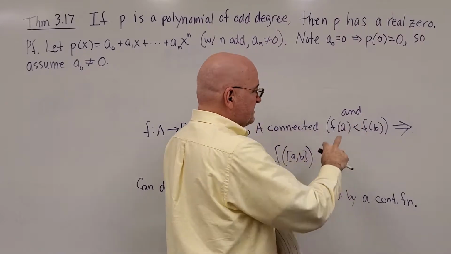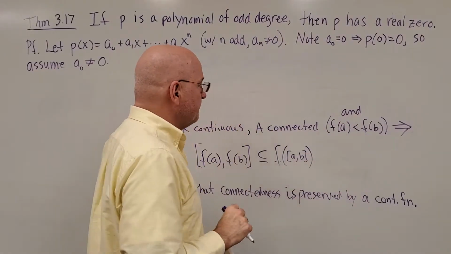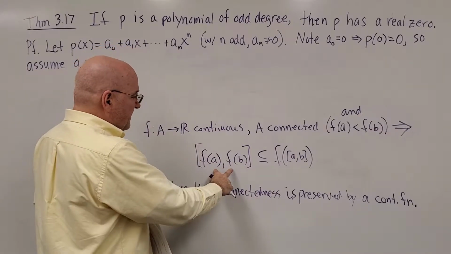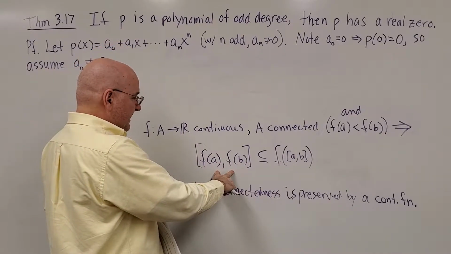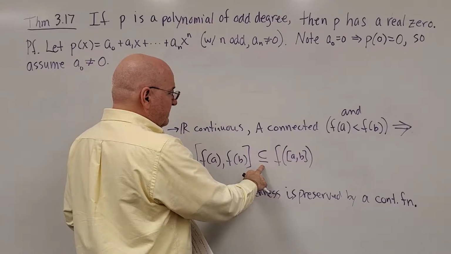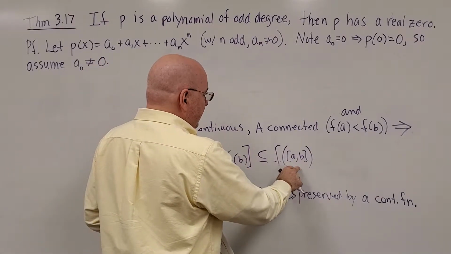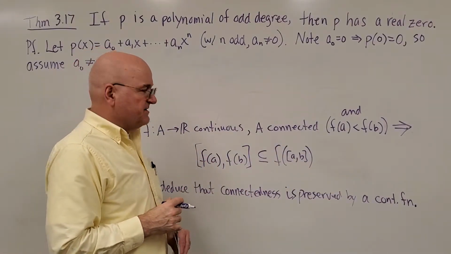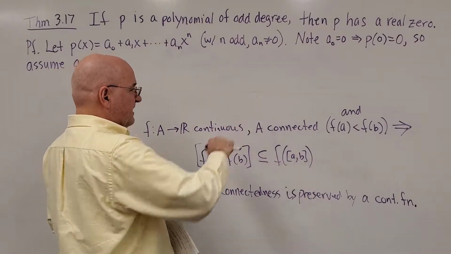We could make a similar statement if it were the other way around. If that's true, then the interval from f of a to f of b is completely contained in f of the interval a to b. Not necessarily equal, although we saw an example where they were, if it were a straight line, for example.